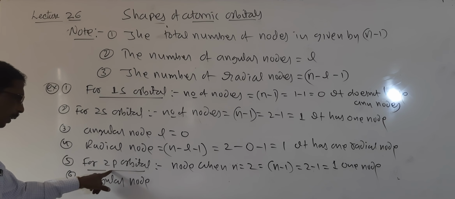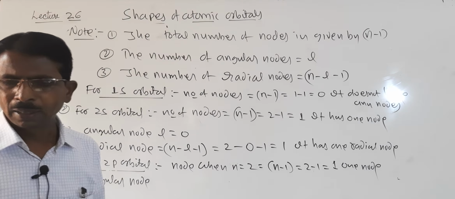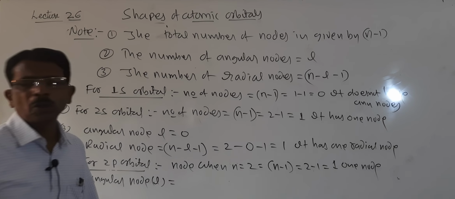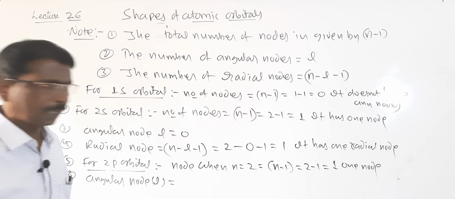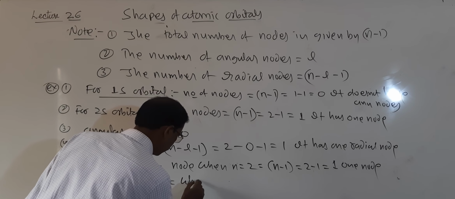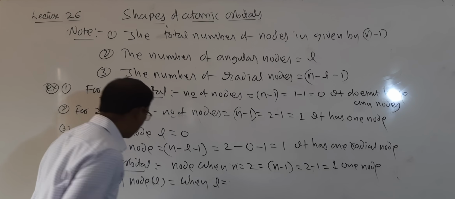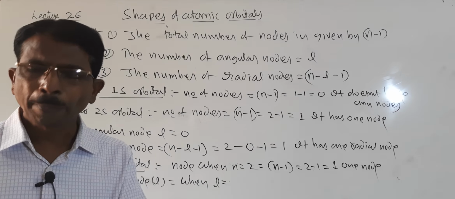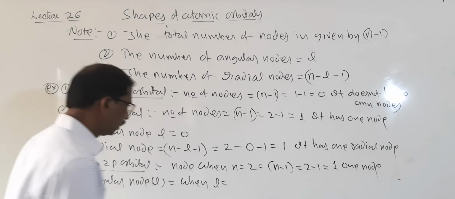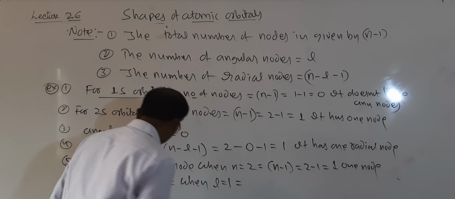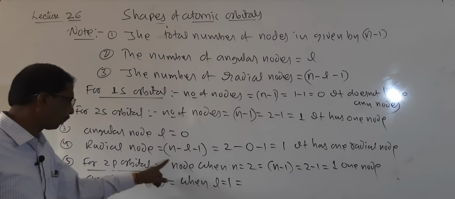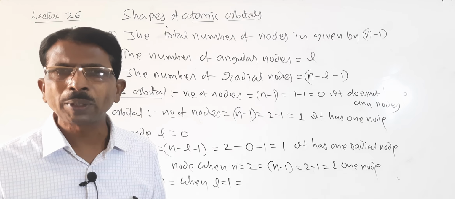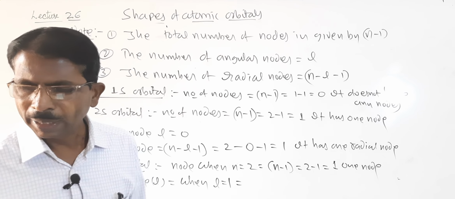For 2p orbitals, the p orbital is there, so angular node L is equal to 1, because S is equal to 0, P is equal to 1, D is equal to 2 and F is equal to 3. So it has one angular node.